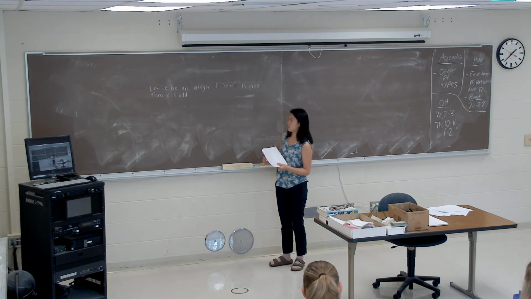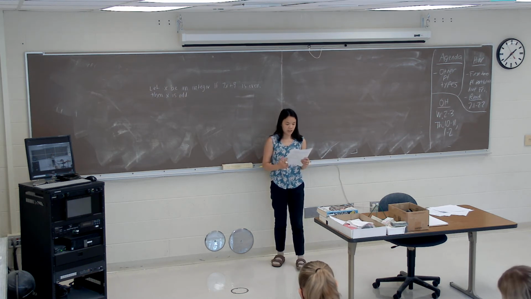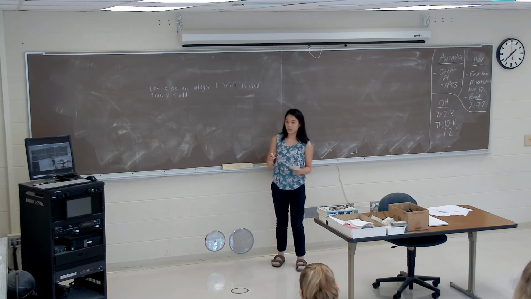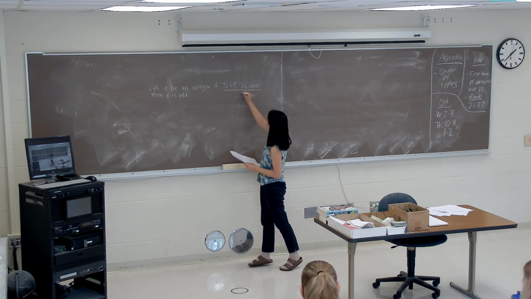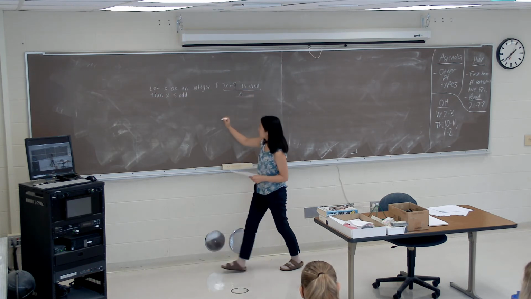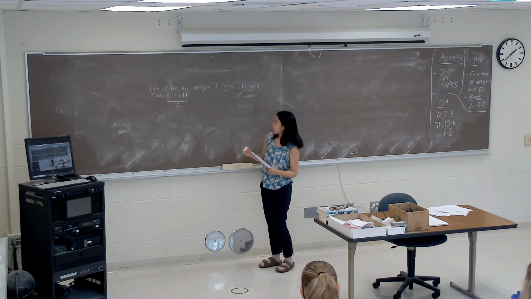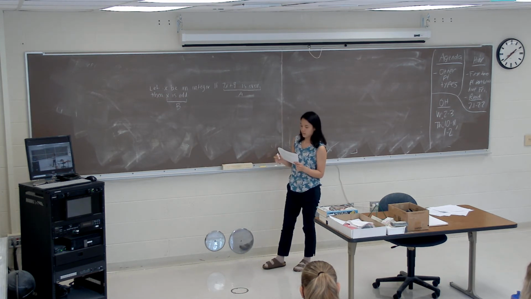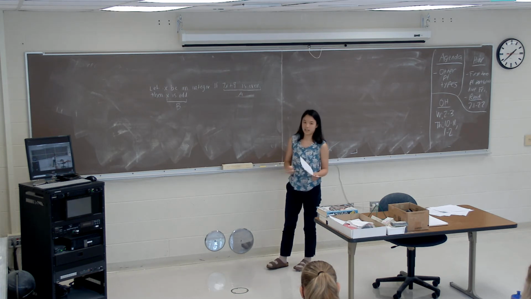And so for a proof by contrapositive, we're trying to prove that if not B, then not A. So this is A and this is B. So we're going to try to prove if x is even, then 7x plus 9 is odd.